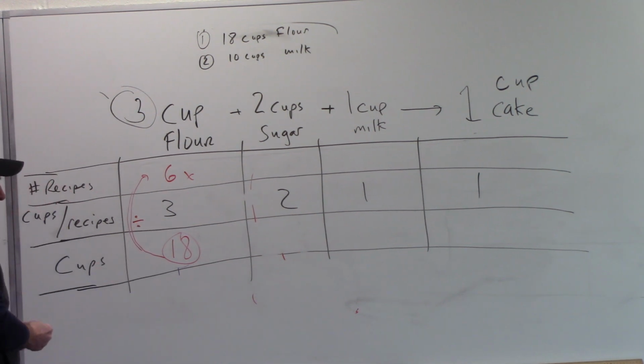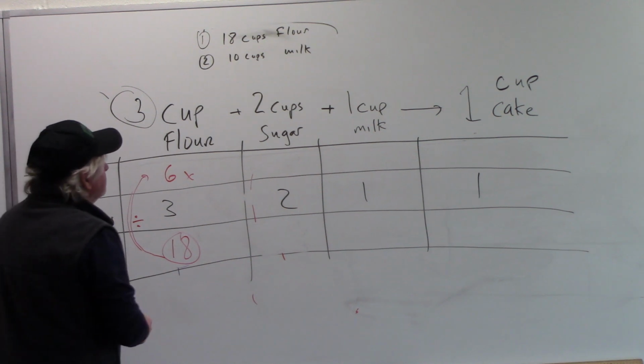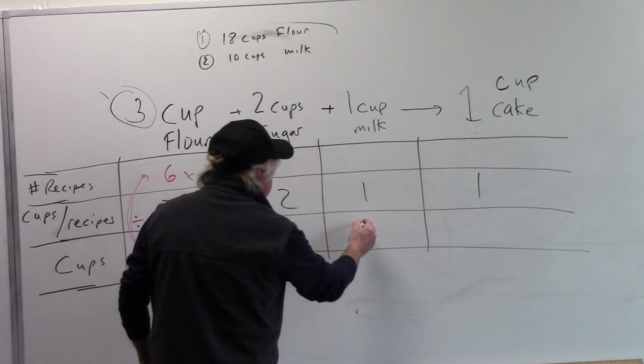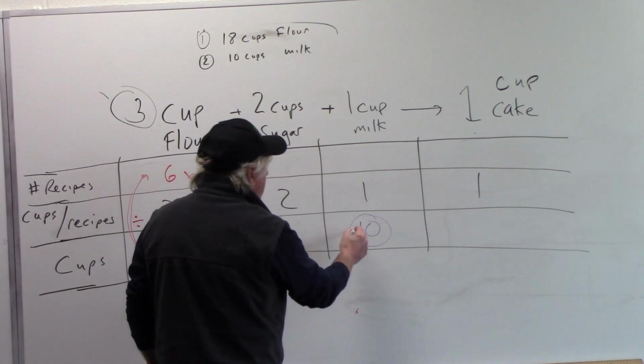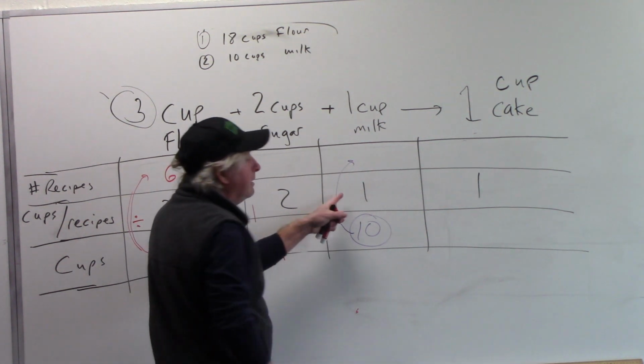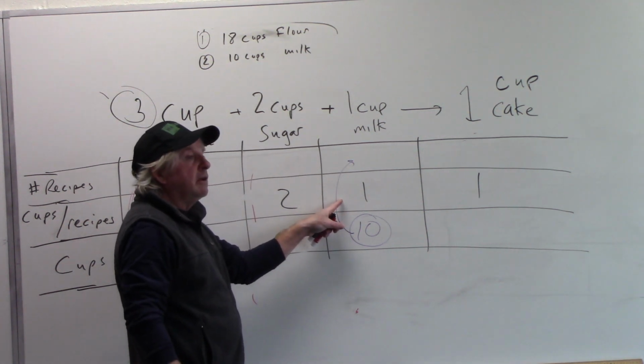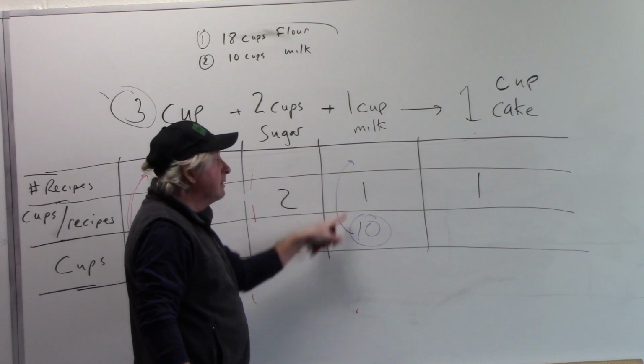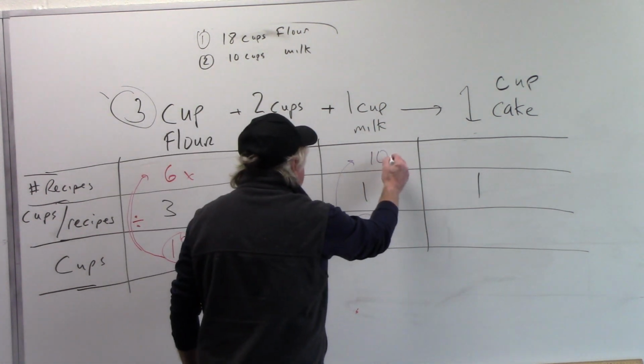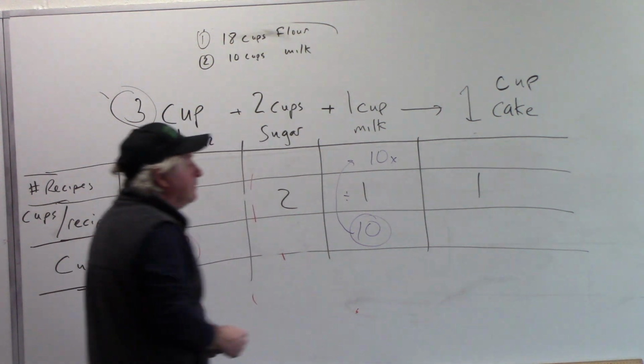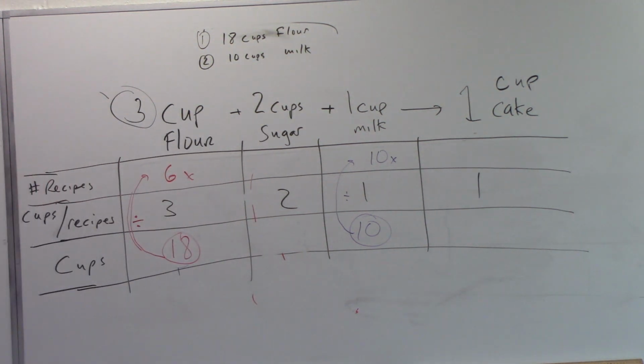If I'm given 10 cups of milk, each recipe only has 1 cup. And if I have 10 cups, obviously I can do the recipe 10 times. So you're dividing the 10 up into groups of 1. That's how you go from cups to recipes.